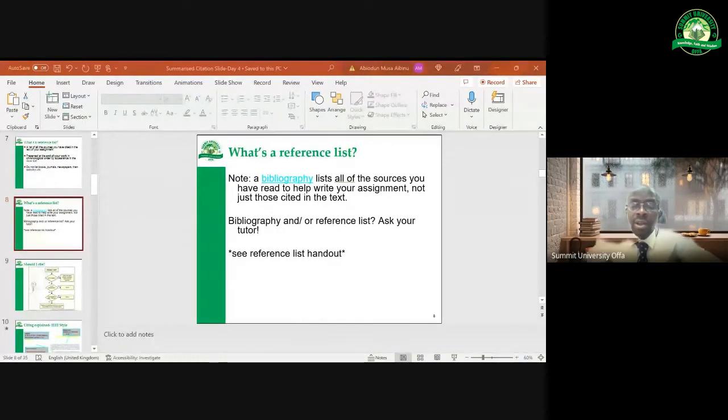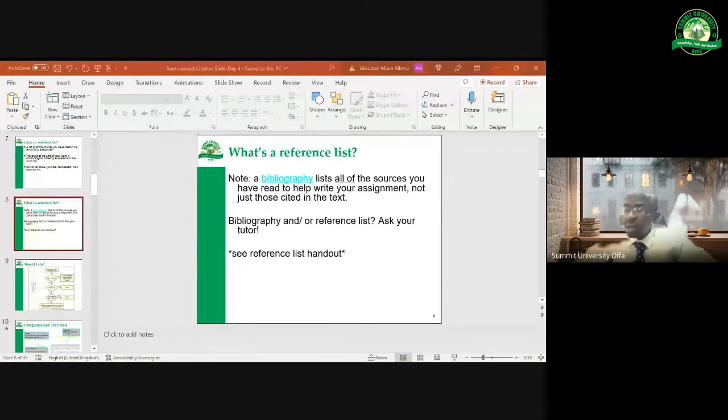In the reading log, you have the number, you have everything. All you have to do, when you are writing in-text, is to put the number of that reading log. Once you do that, at the end of the day, you can easily arrange your work.